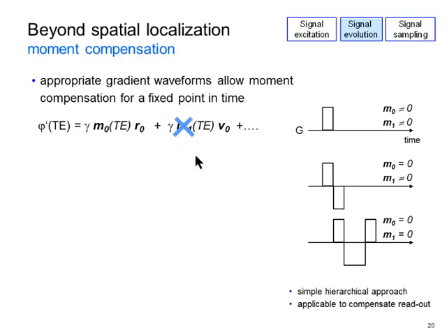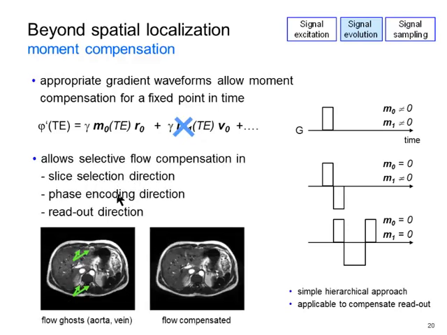And that's very interesting. That makes the sequence insensitive to motion, or better, to flow. Whatever flow velocities V0 we have in the object, this moment does not contribute to the phase. So this allows us to do flow compensation in all three dimensions: in the slice selection direction, the phase encoding direction, and the read direction.